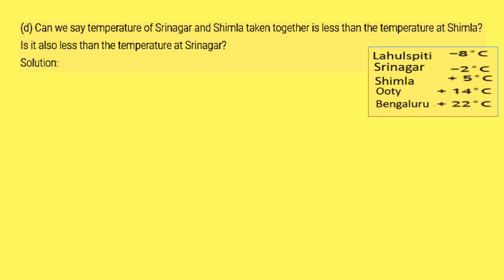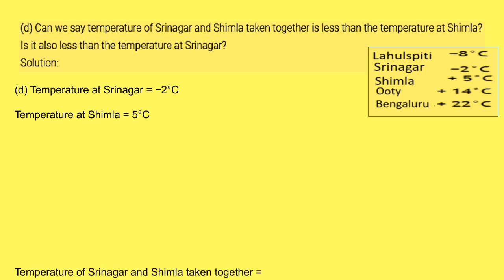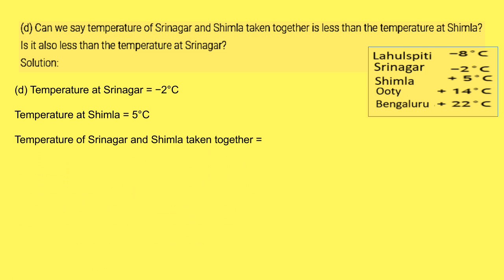Okay, we'll start the solution. First, I'll write the temperature at Srinagar, minus 2 degrees Celsius. Next, the temperature at Shimla is plus 5 degrees Celsius. So in the first question they have asked the temperature of Srinagar and Shimla taken together, so I am going to add these two values.